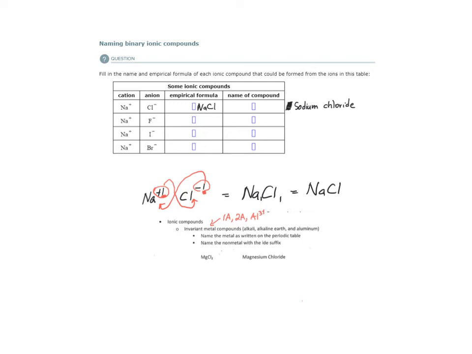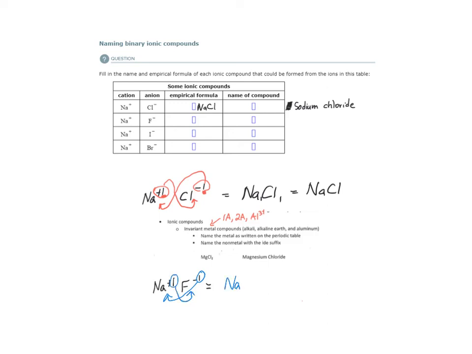We have sodium metal ion, and we have fluoride. If I want to get the empirical formula, first thing I do is list the ions and their charges, and then I just crisscross. And this is +1, and I take the value of that charge and place it here.